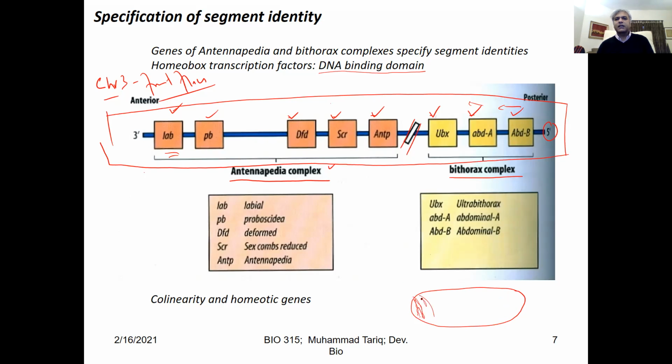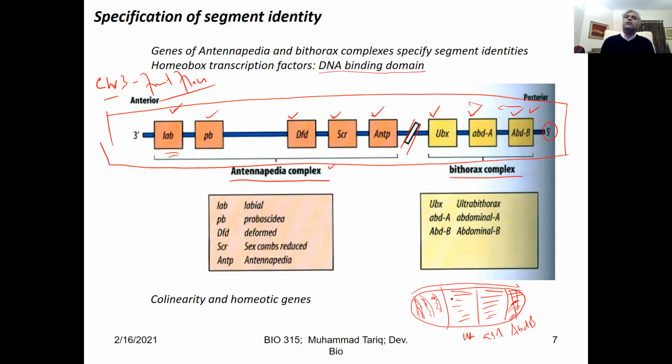Proboscipedia is then expressed. Then deformed is expressed. You go from anterior to posterior of the embryo and you will find abdominal B is expressed in the last 2-3 segments of the fly abdomen. It is preceded by expression of abdominal A, which is preceded by expression of UBX.